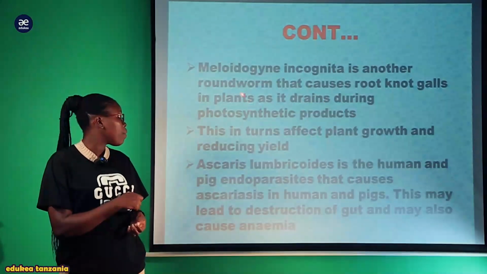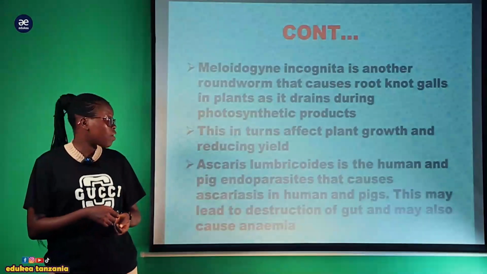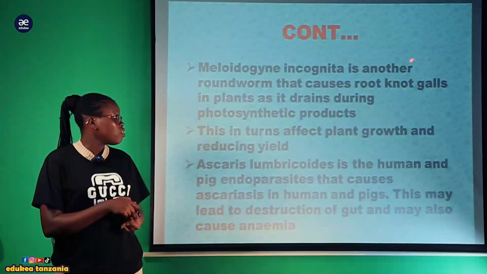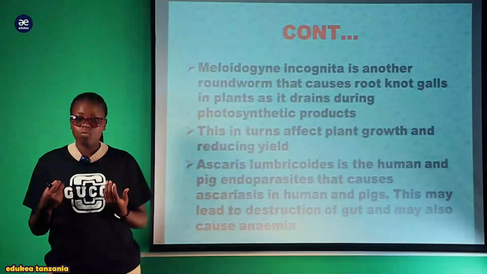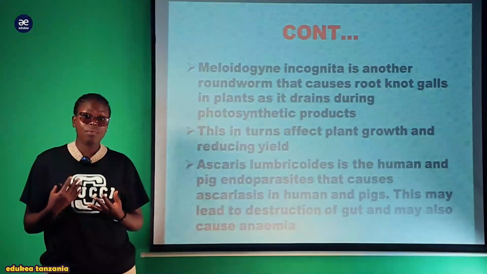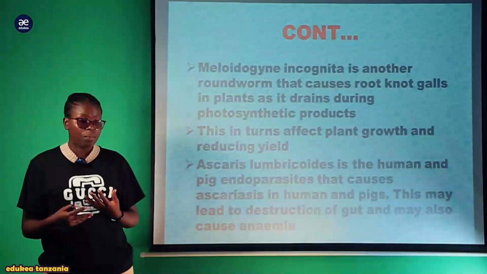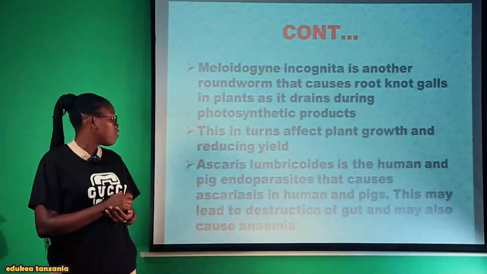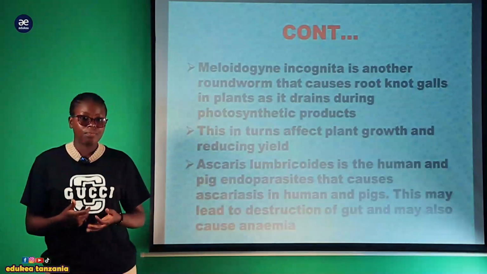Kuna mwingine huyo hapa anaitwa Meloidogyne incognita, ambayo inasababisha root knot katika mimea, na hivyo inapelekea mmea kuweza kudrain the photosynthesis process, kwa inapelekea mmea kutoweza kukua au inapelekea drying out of the plant. Vile vile, this in turn affects the plant growth, vile vile reducing the yield.